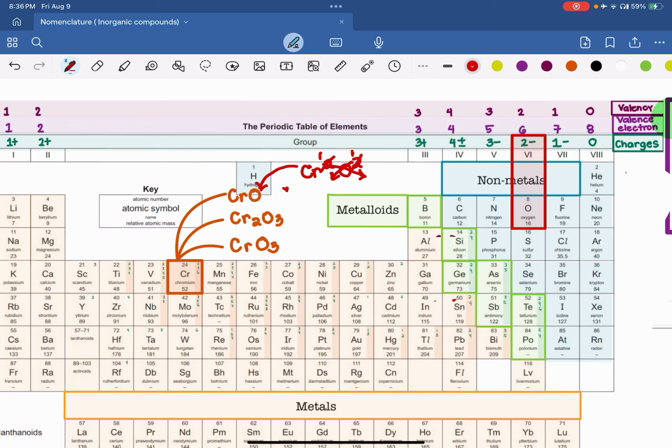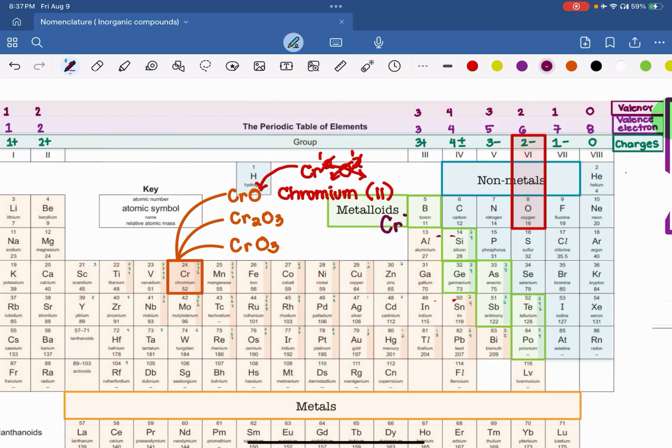Because of this, chromium is said to be utilizing 2. And so you're going to represent the charge used using Roman numeral 2. How about if your chromium would be utilizing the next charge, which is 3?